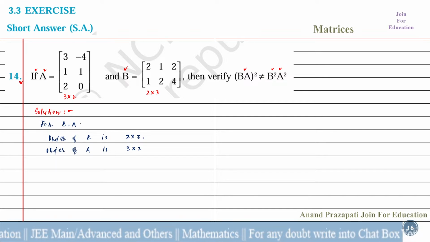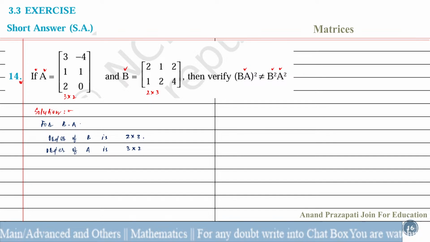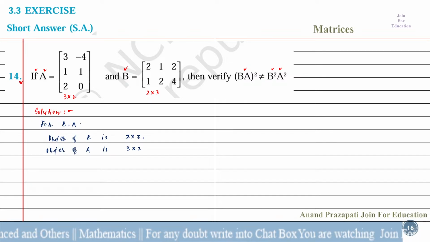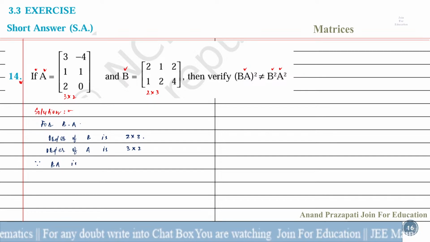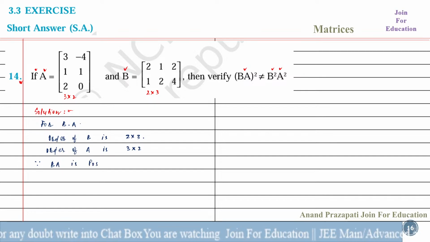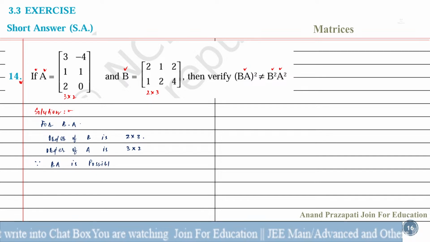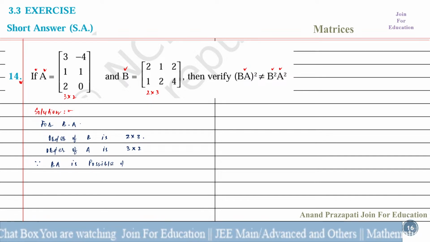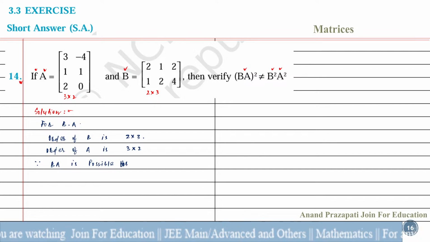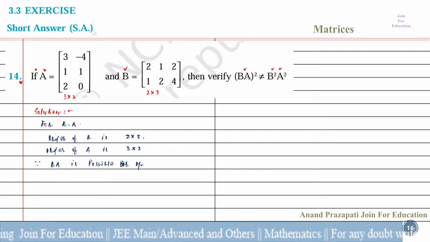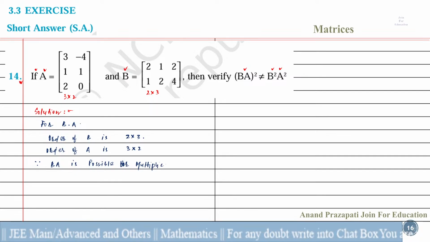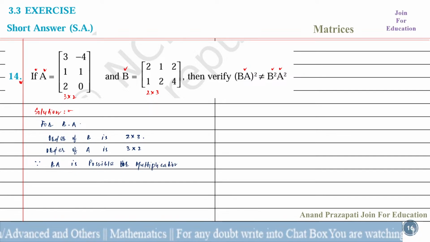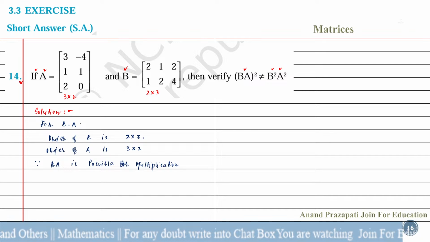So BA is possible for multiplication. Therefore, BA is possible for multiplication.